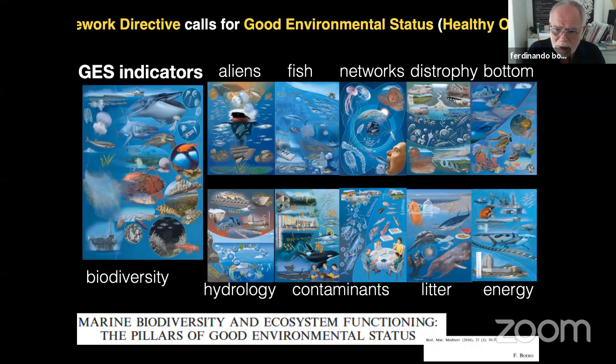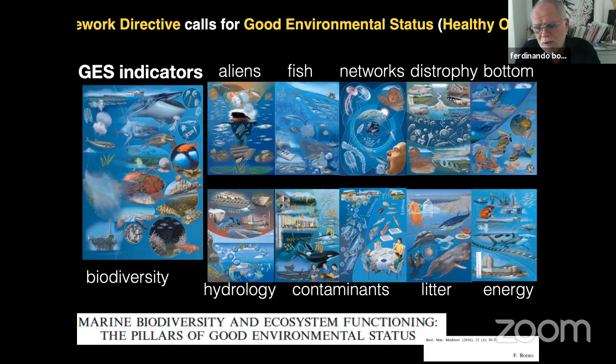It applies to all European waters. So if we want to maintain biodiversity in all European waters, what else can we ask? The maintenance and protection of biodiversity is what marine protected areas are all about. But in this case, it's not a specific area, it's all European waters.